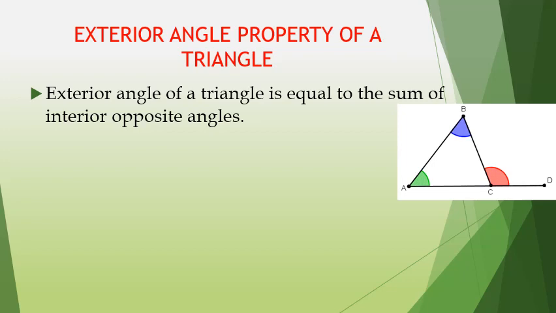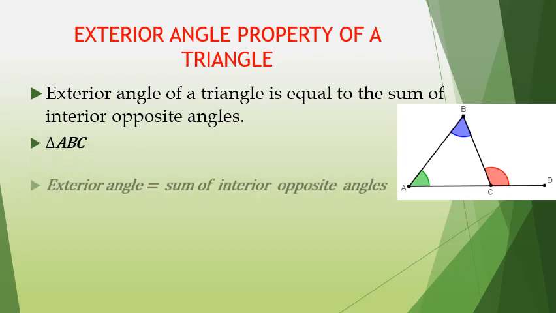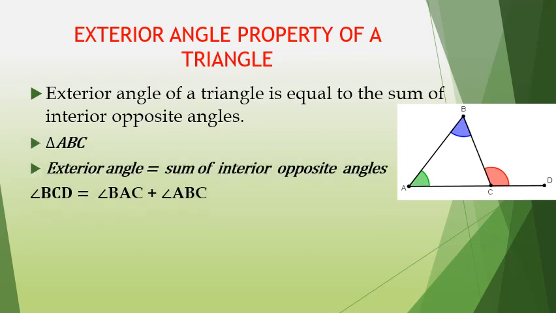Is it clear? The angle adjacent to the exterior angle is not an opposite interior angle. The remaining 2 interior angles of the triangle are called opposite interior angles. So here angle BCD is the exterior angle, hence exterior angle is equal to the sum of the opposite interior angles.